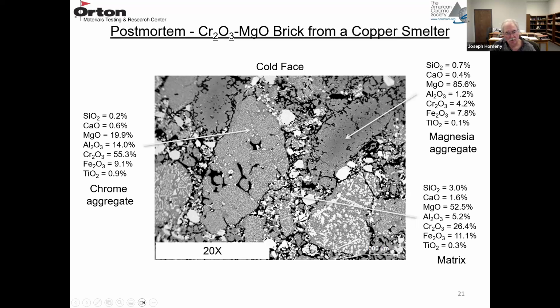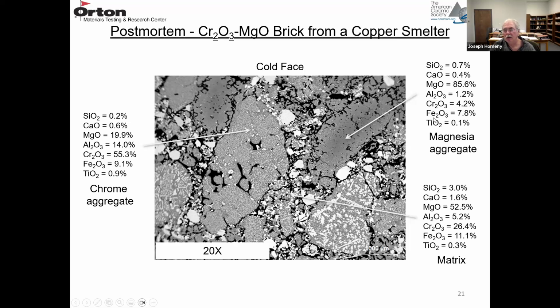This is an aggregate. It's the chrome aggregate. So this is about 55% Cr2O3. And then you have your MgO, your alumina, and your iron oxides. This aggregate is a magnesia aggregate. It's about an 85% MgO material.